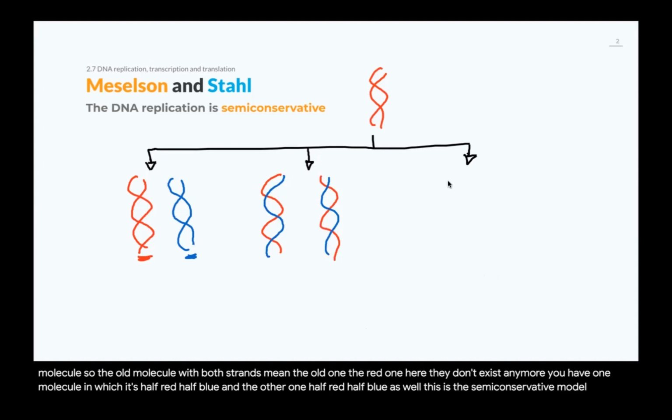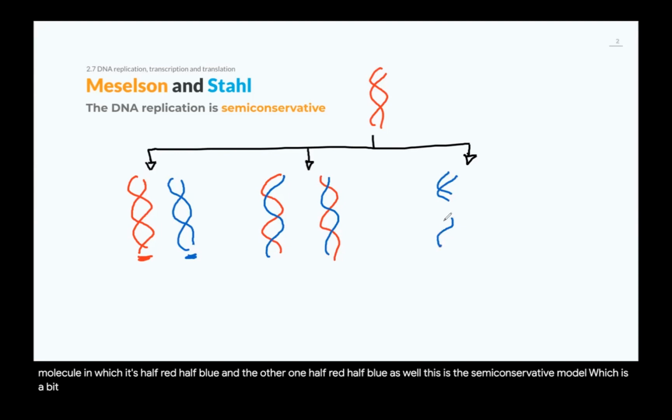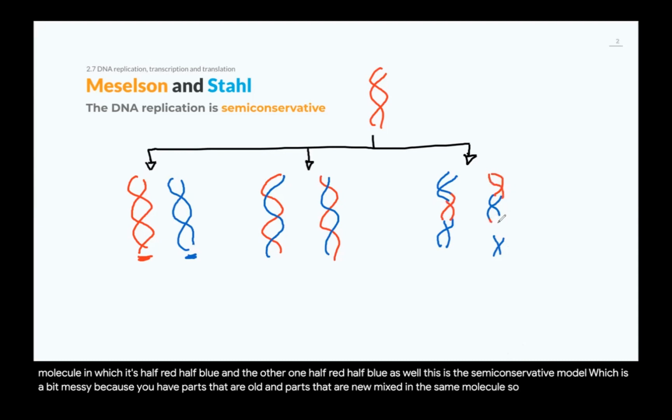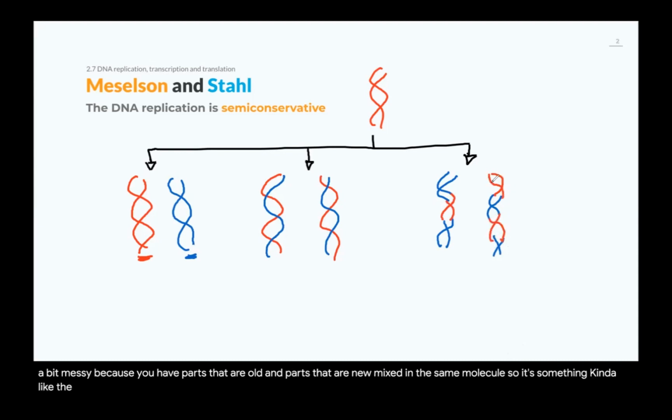And then there's the dispersive model, which is a bit messy because you have parts that are old and parts that are new mixed in the same molecule. It's something kind of like this, more or less. Parts of the molecule are double strand new, double strand old, double strand new.